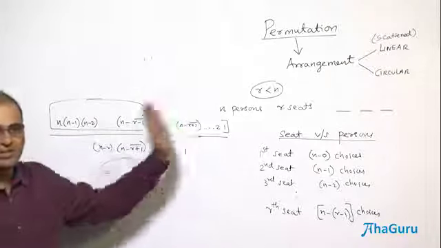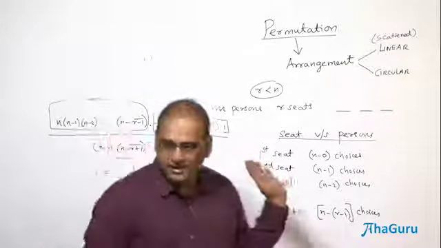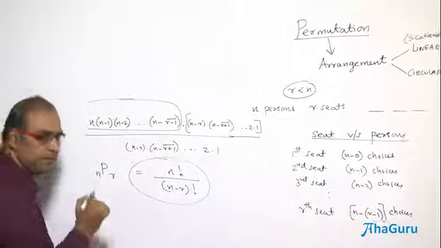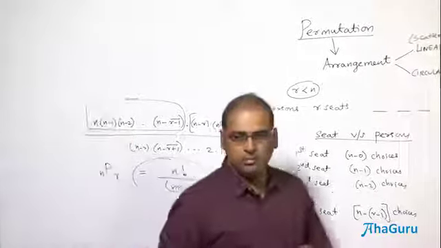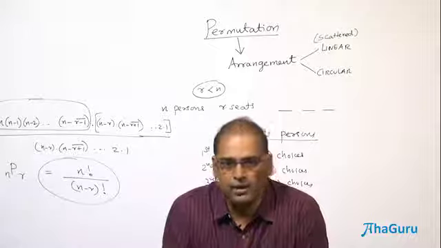So the number of ways of arranging r things out of n things is also this. Therefore we can call this r items arranged out of n items, or we can say nPr, n permuted r. So nPr's formula is n factorial by what? n minus r factorial.